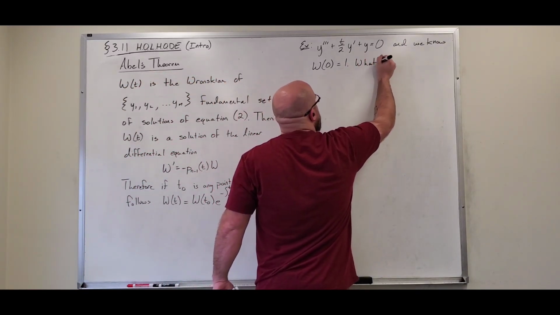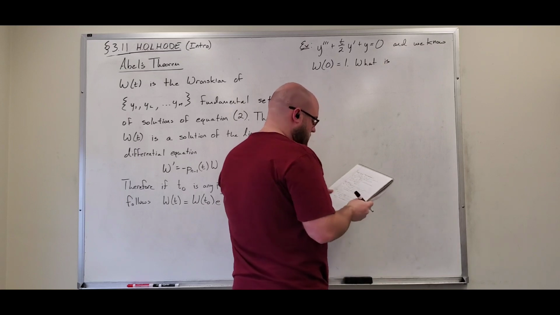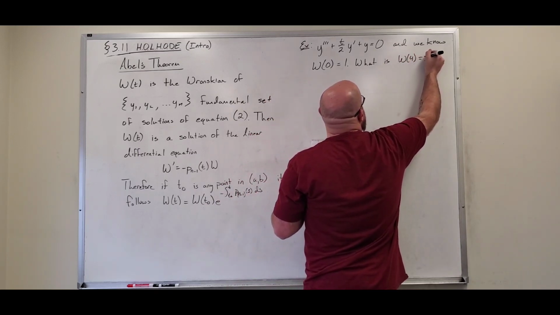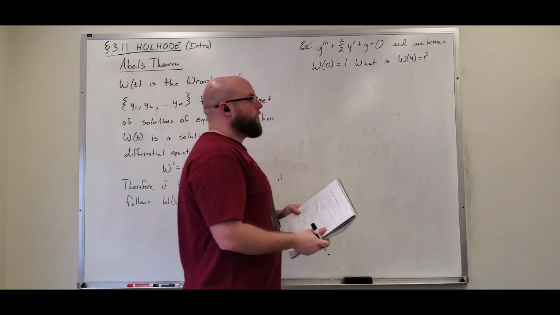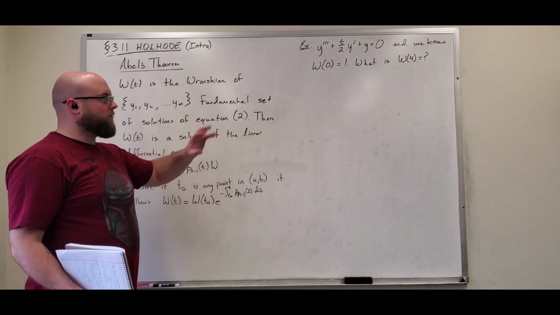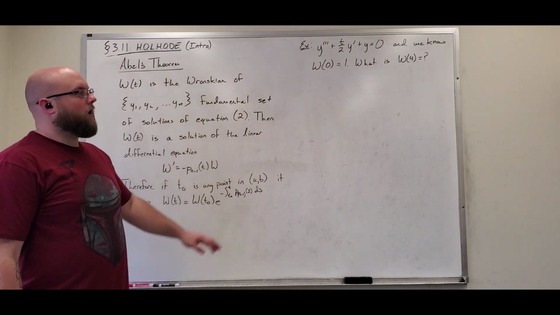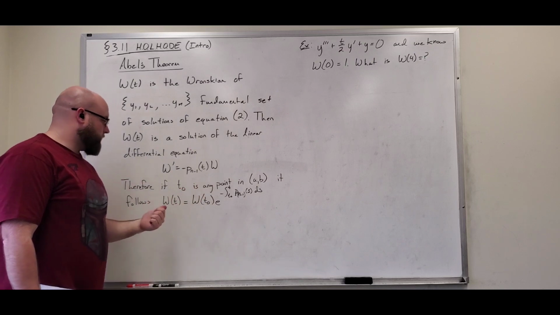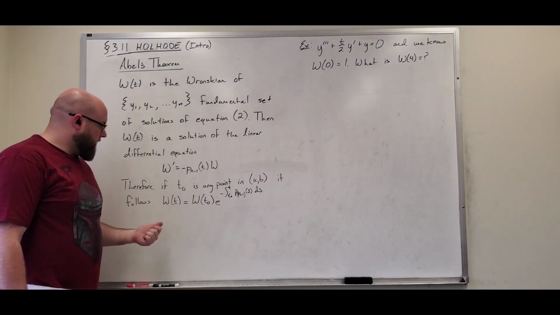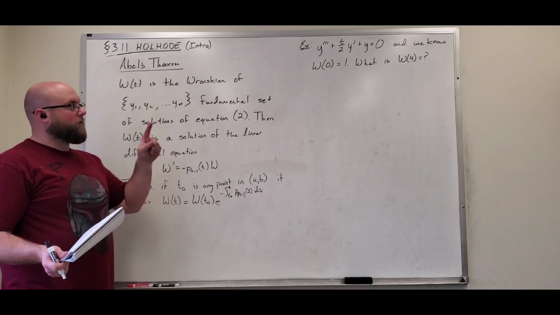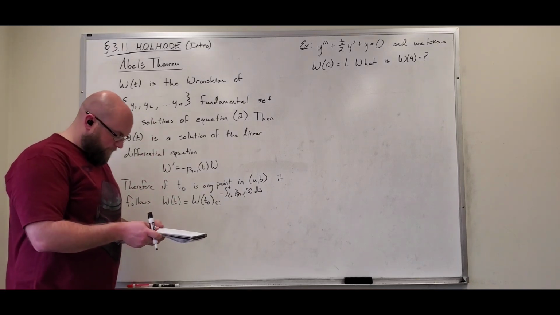What is the Wronskian evaluated at 4? Well, if I don't know what those solutions to that particular differential equation are, how do I find out that Wronskian? Well, this is where Abel's Theorem comes into play. We can actually use this to find out what the Wronskian is evaluated at 4.